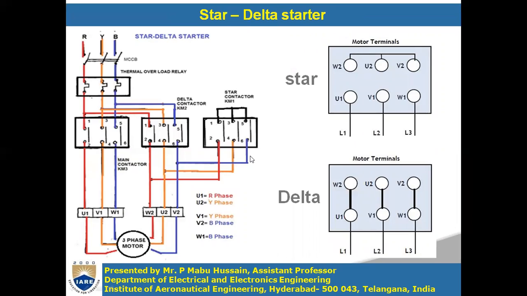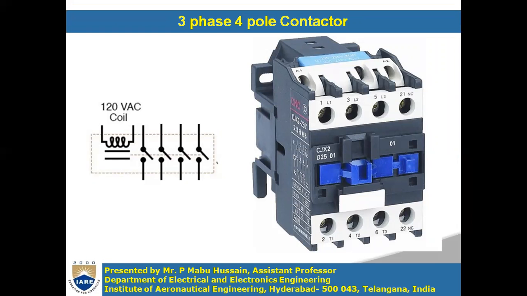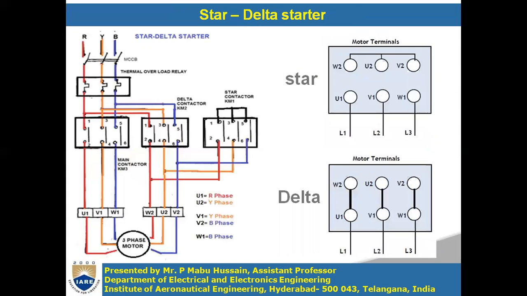See here, for this star delta starter you need three contactors. Those three contactors are named the main contactor, the delta contactor, and the star contactor. As I said before, for the three-phase induction motor all 6 terminals are given outside.